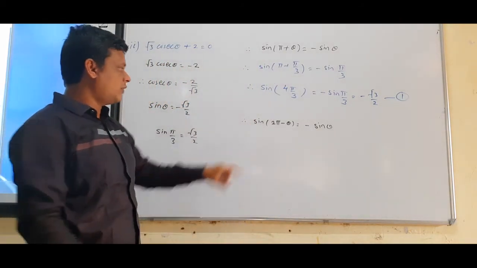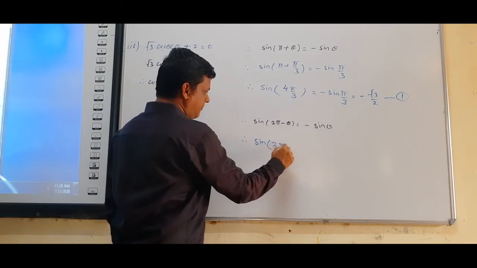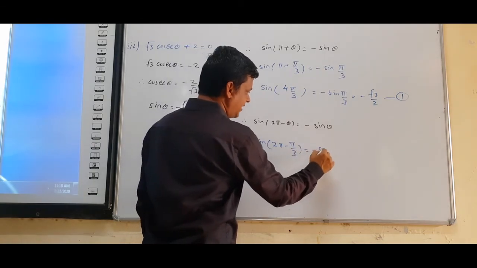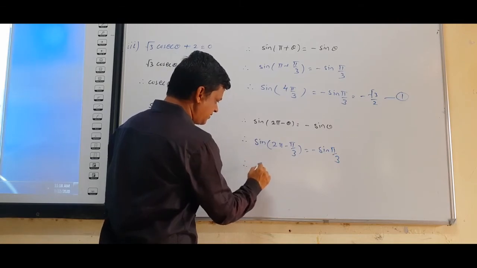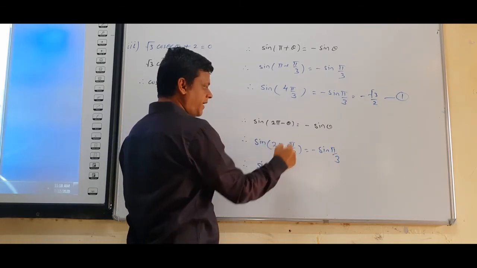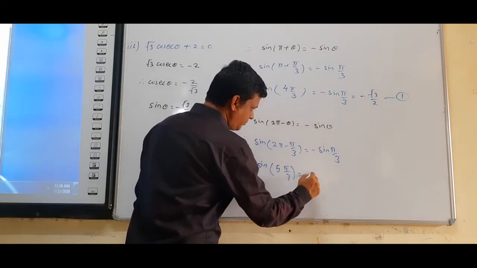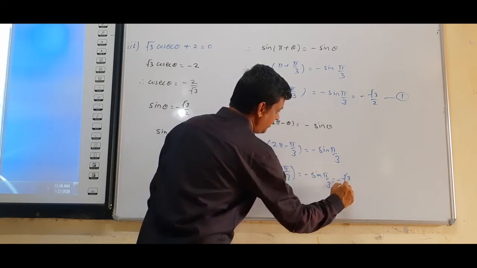Now come to this formula. Therefore sin(2 pi minus theta), again with theta as pi by 3, is equal to minus sin pi by 3. Therefore sin of 6 pi minus pi, that is 5 pi by 3, is equal to minus sin pi by 3, which is equal to minus root 3 by 2.